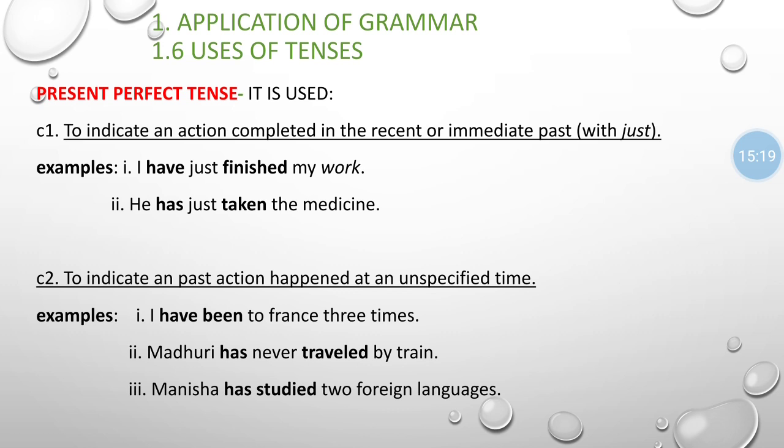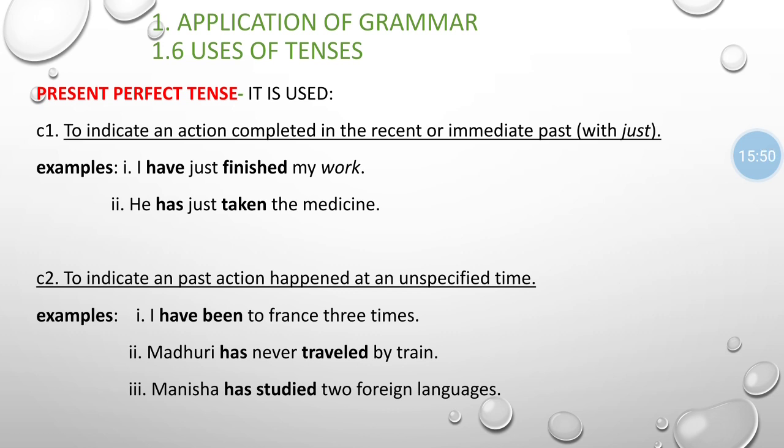That's why we use the helping verbs have and has for a perfect action. If the subject is third person singular, we use has, like he, she, it, Ram, Sita, Gita, etc. If the subject is first person singular or plural, second person singular or plural, or third person plural, we use have.